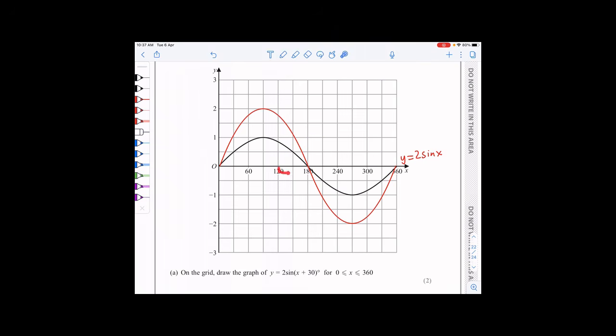Notice that each square is 30 degrees, so I'm just going to move everything by a square to the left. So it's going to be something like this. I will actually copy and paste this and just move it a bit to the left. There it is. Let me change the color here.